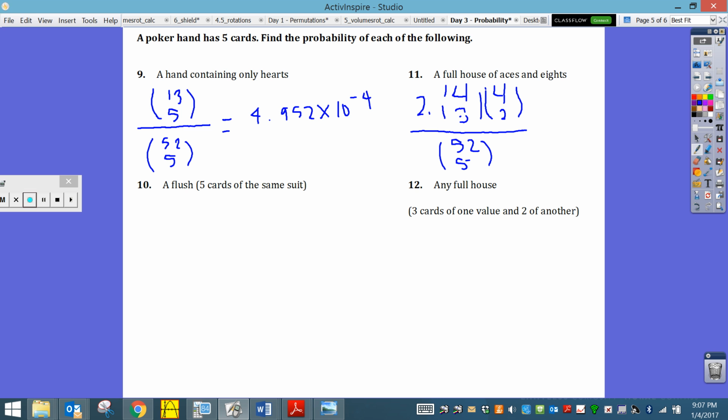So 2 times 4 choose 3 times 4 choose 2 over 52 choose 5. Go ahead and type that in your calculator really fast. And you should get 1.847 times 10 to the negative 5.